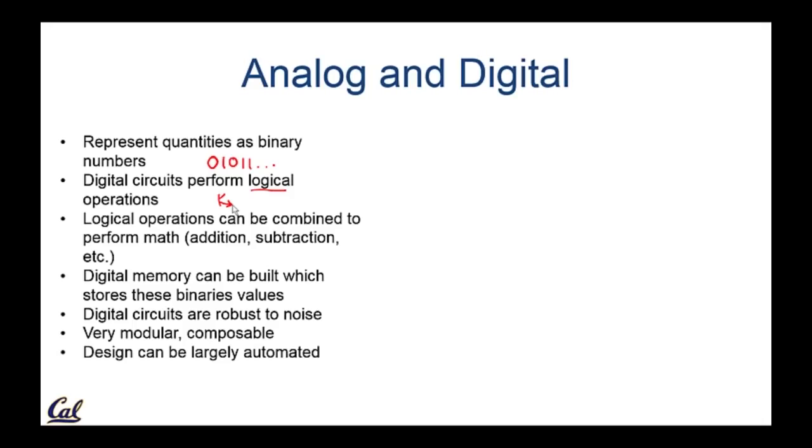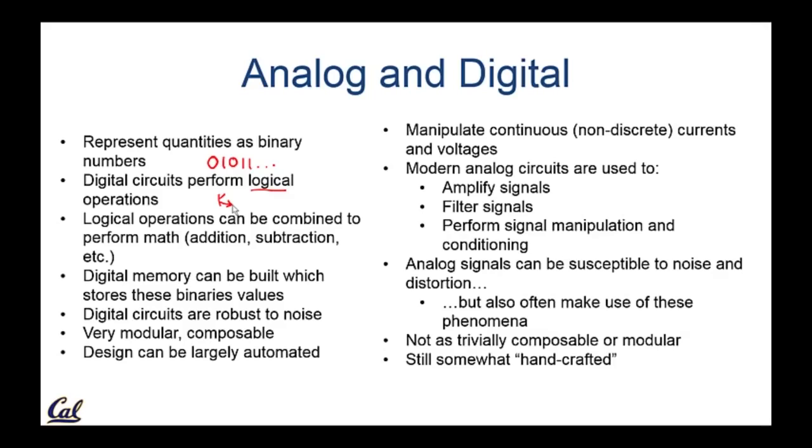Now, analog circuits are a little different. Of course, they're still circuits. They still work with the same currents and voltage concepts that we're about to introduce in the next few videos. But the idea here is that they're not binary. They're continuous. The easiest way to think about it is the current coming out of a microphone.